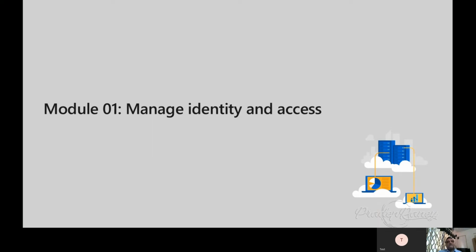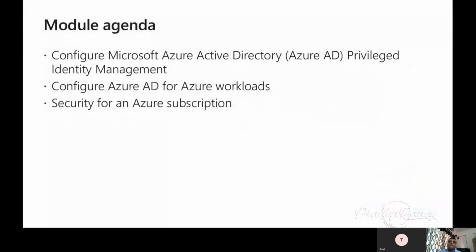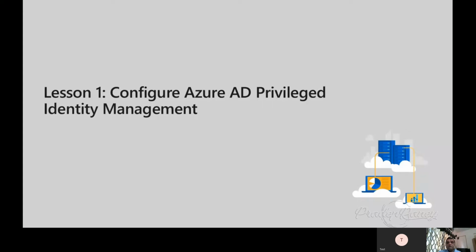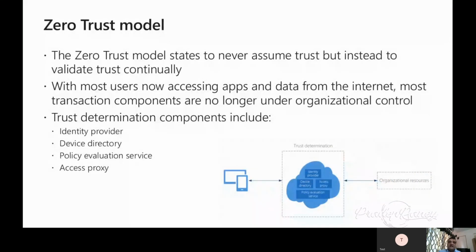Now, Microsoft, from the very first point of view, starts with something known as zero trust. So what exactly is zero trust? In simple terms, earlier we used to come inside our corporate network, log in onto our server, and then access whatever is available to us, where we are authorized to use particular data.